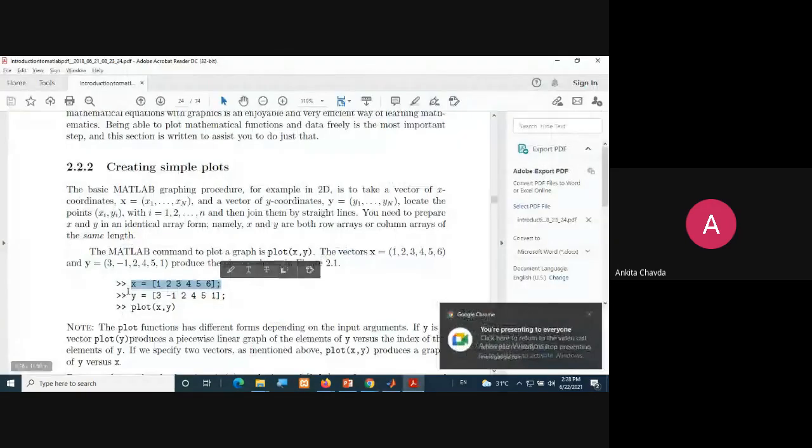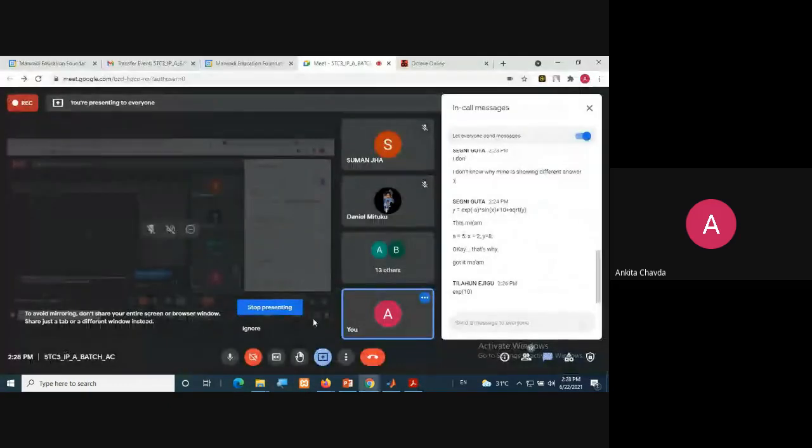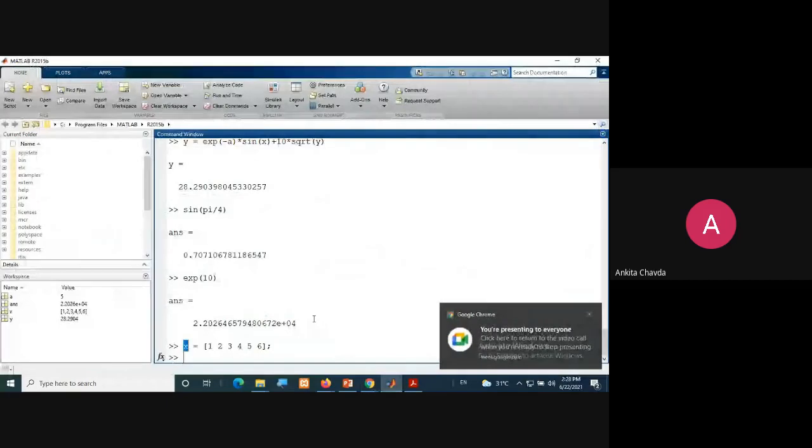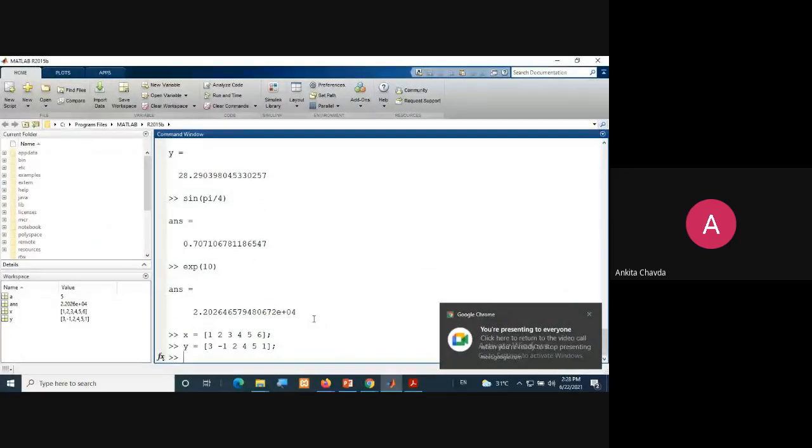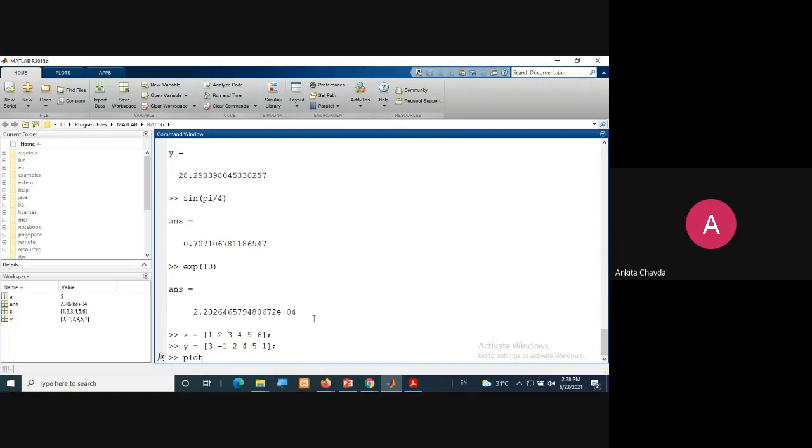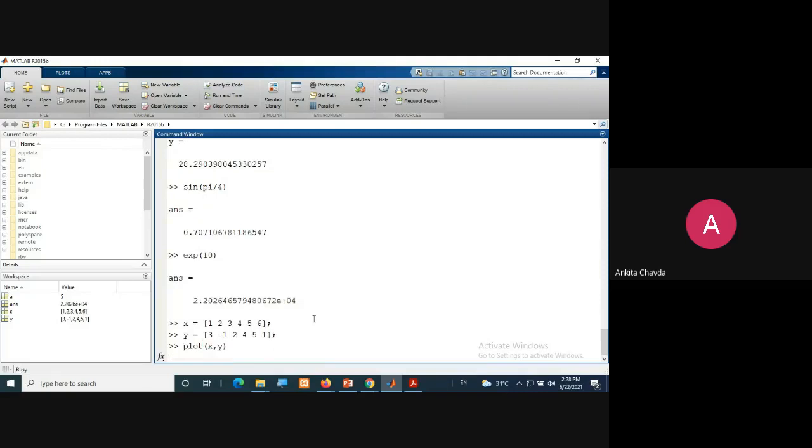Same way you will have the corresponding values for y. So this is your y. And if you wish to plot these values, there is one function plot where you put x and y. So that's it, and it will show you that graph.